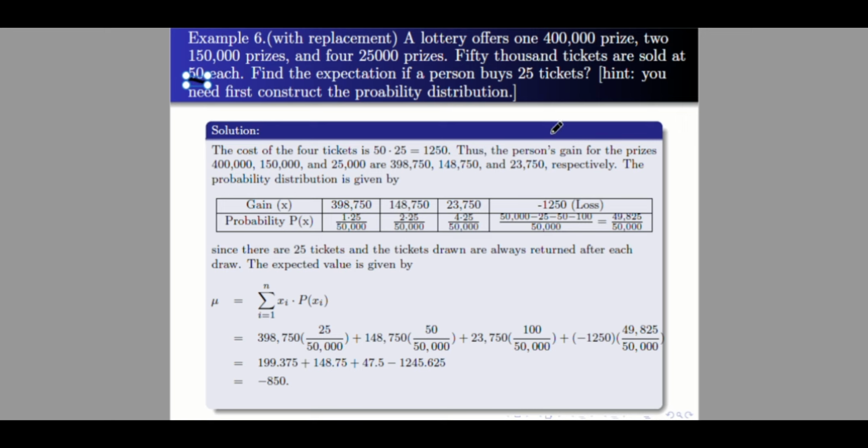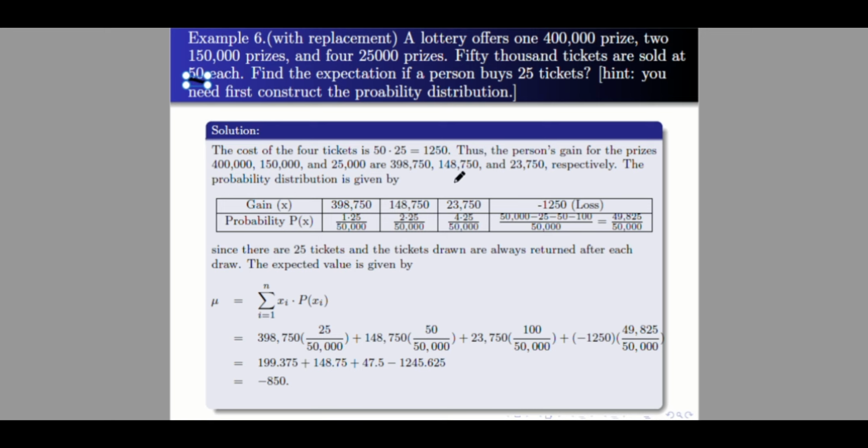Now for the probability, that is over 50,000 because there are 50,000 tickets sold. Now this one here is the number of winners. Okay, this 25 is the number of tickets you bought. So one winner times your 25 tickets, so that's why we have these.